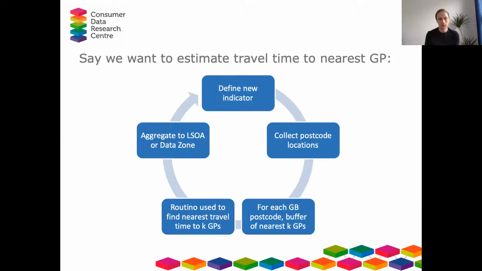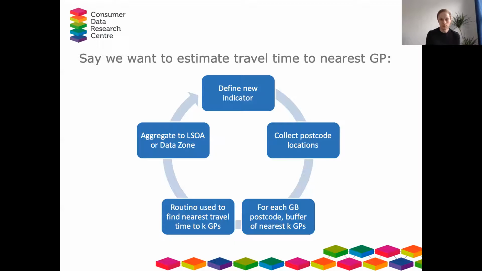The next step then, once we've got our roughly nearest 10 GPs, is we use something called Routino. Routino is an open source piece of software that allows us to calculate travel time from two points.